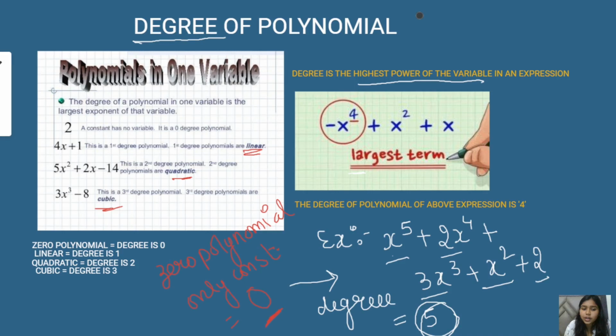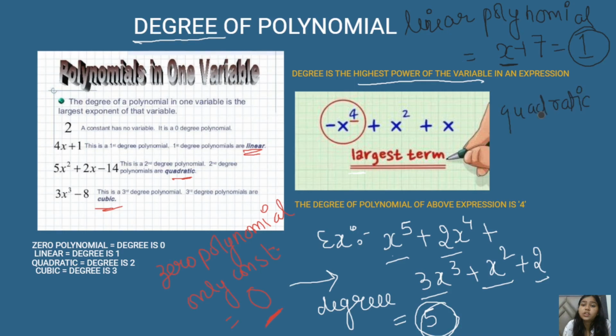Now let's take an example for linear polynomial, like x plus 7. So in this case, the highest power of x is 1. That is why the degree of this polynomial is 1. In the case of quadratic, as I have already told you, quadratic polynomial is a polynomial in which the highest power of x is 2.